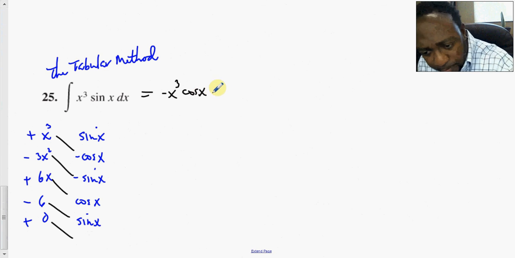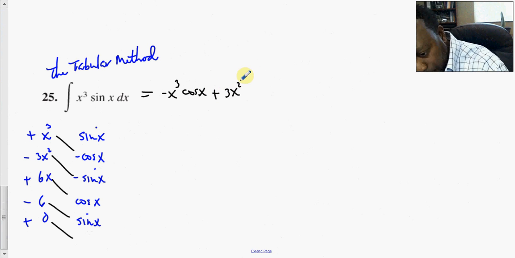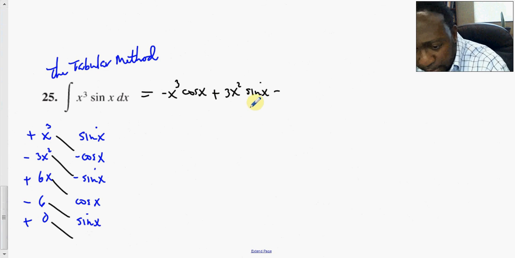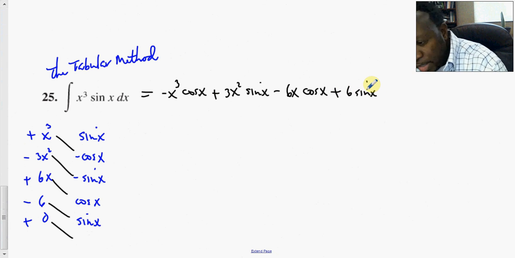This is positive 3x squared sine x. Let's see if you can get the sequence. So the next term would be negative 6x cosine. The next would be positive 6 sine x.